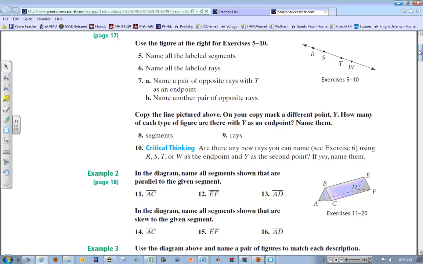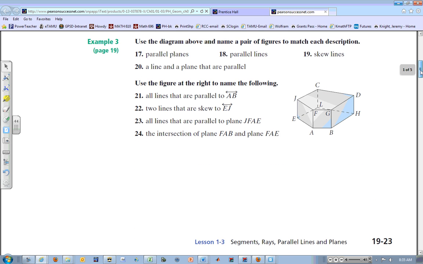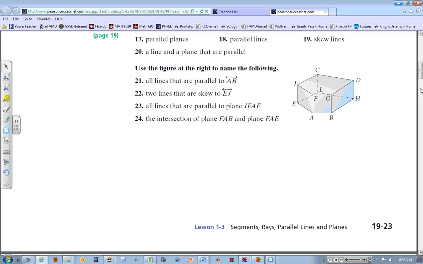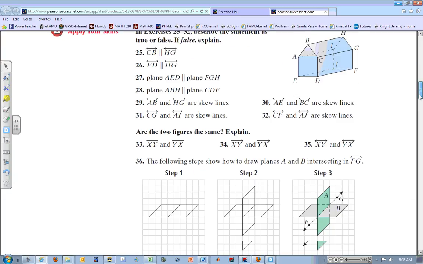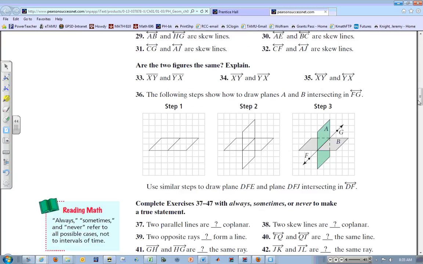Easier thing, just take your book home and look at page 19. But here's what I want you to do. Quick look ahead here. We're looking at 21 to 31. Got to draw and name lines that are parallel and skew. It's like we've done, nothing too hard. So on and so forth.